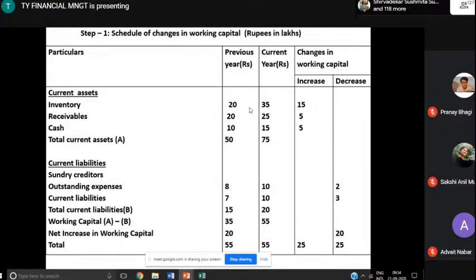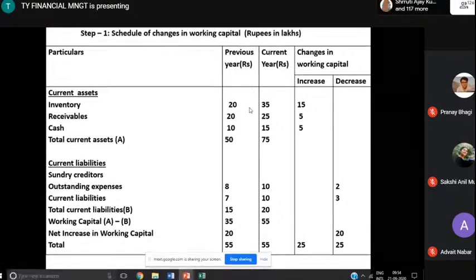Under current liabilities, which item is not there? Current liabilities is not there. Okay. Done. Boys, done? Say yes, no? Yes, sir.